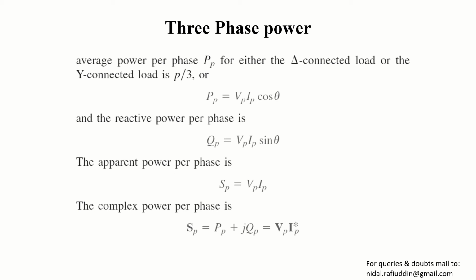So Sp can be written in terms of Pp and Qp: Sp is Pp plus j Qp, where Pp is the average power and Qp is the reactive power.